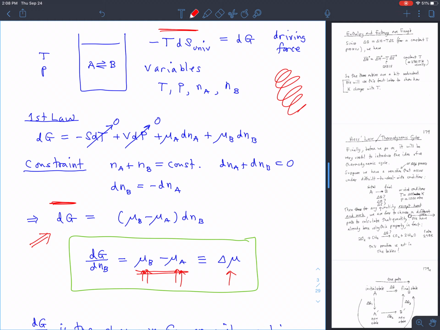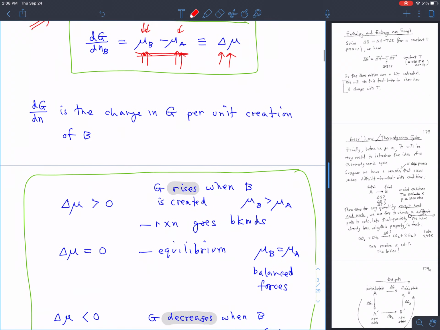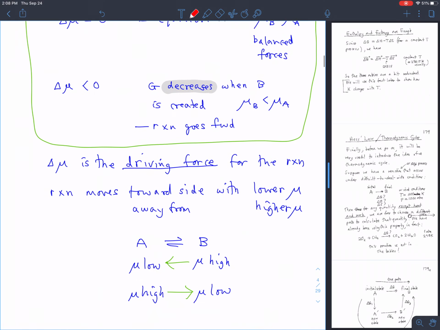If the driving force is positive, that is, if the chemical potential of the products is bigger than those for the reactants, then further reaction is unfavorable, and the reaction will actually go backwards. But if it's the other way around, if this quantity is negative, that is, the chemical potential of the products is smaller than the chemical potential of the reactants, then the reaction will go forwards.